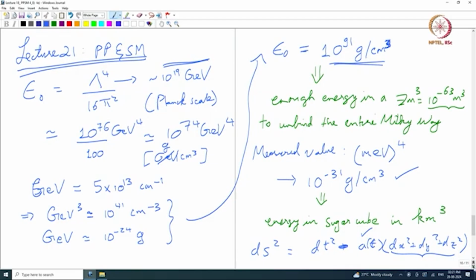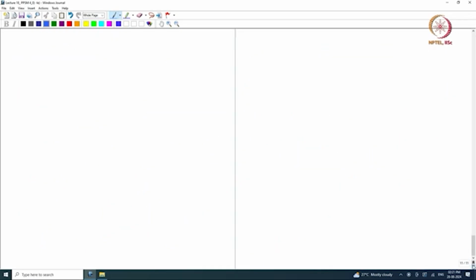Now, what is this energy also called, in both popular science and technical cosmology? This is exactly what people call dark energy. Remember there's dark matter, dark energy, regular matter and radiation.